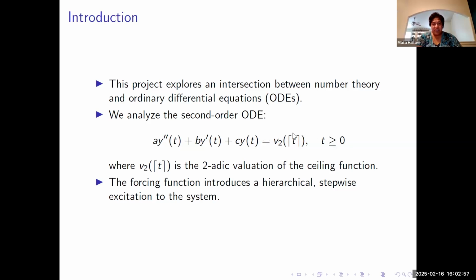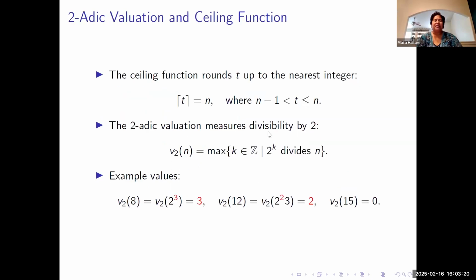This symbol here is the ceiling function, and then we will talk about the 2-Adic valuation shortly. Unlike the classical forcing functions, this right-hand side comes from number theory. This is an example of an arithmetic function, so it introduces a hierarchical stepwise excitation to the system.